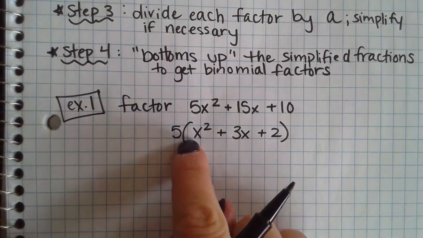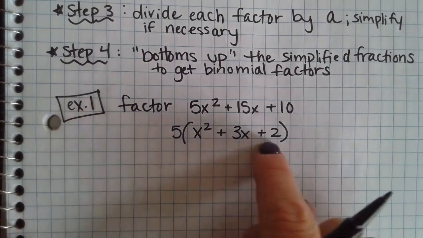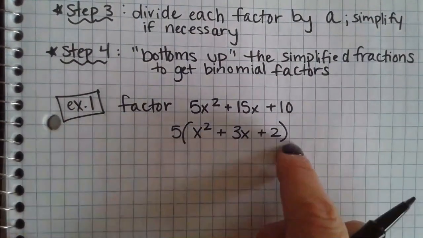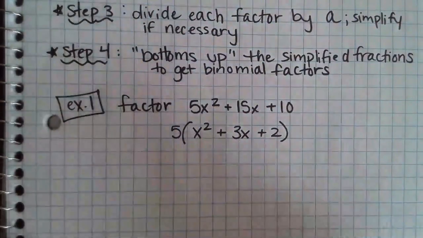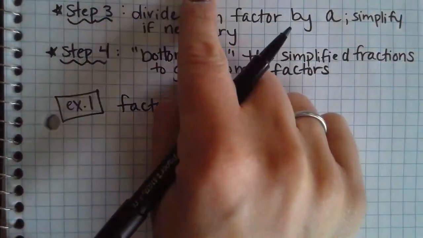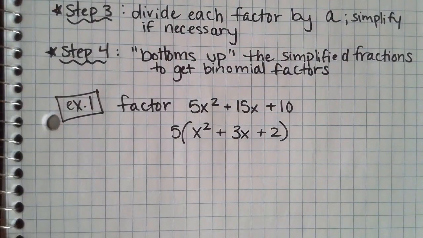Now look at our A. What's A? 1. When A is 1, we go back to what we were doing yesterday. We have our very simple diamond method. We don't get into steps 3 and 4. We just use our diamond method to find the factors when A is 1. It's very easy. Alex?